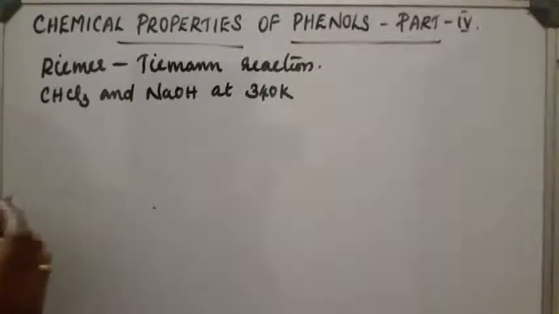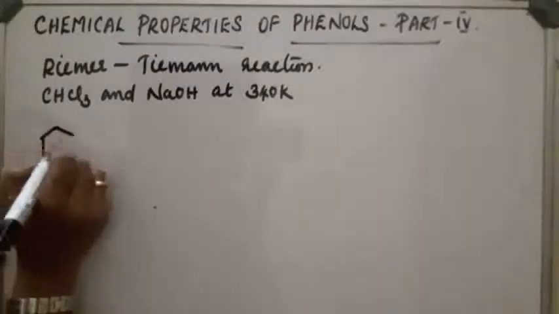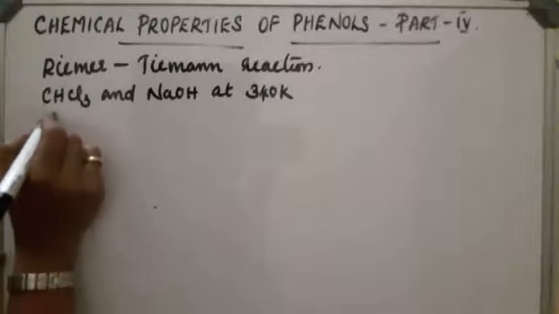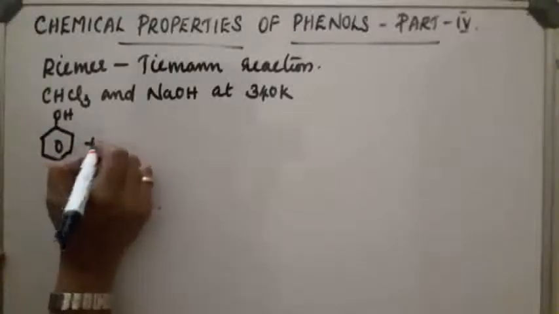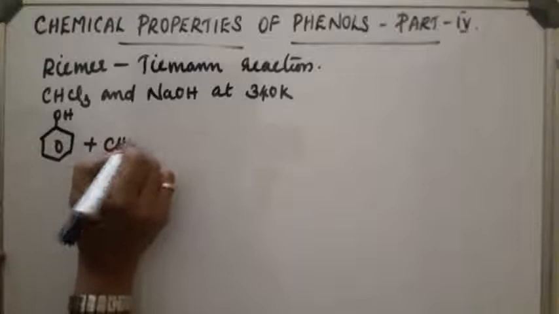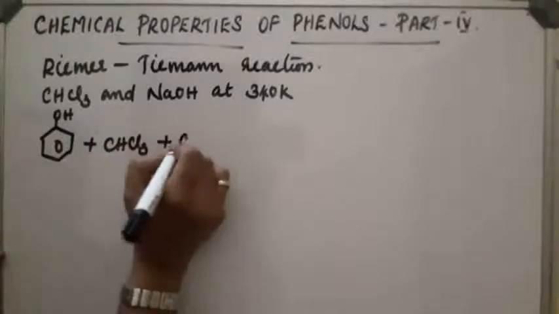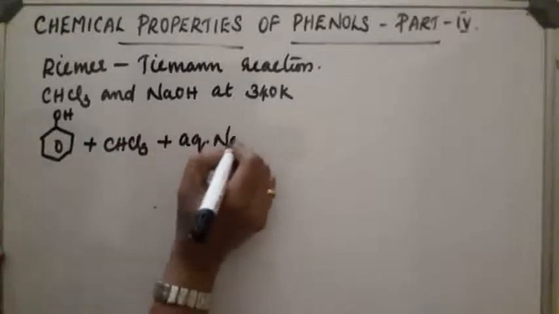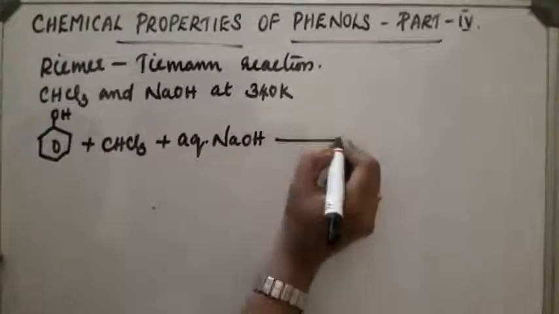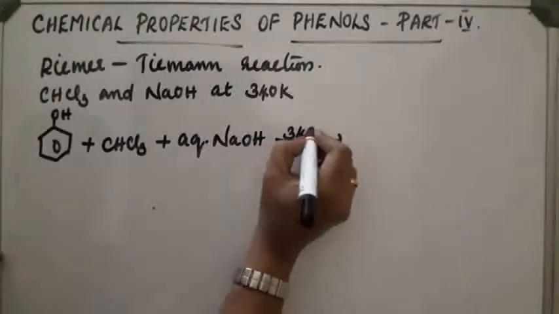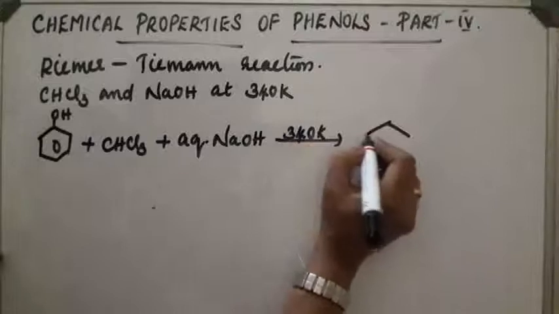So reaction will be like this: phenol on reaction with CHCl3 and aqueous NaOH at a temperature of 340 Kelvin. Reaction takes place.